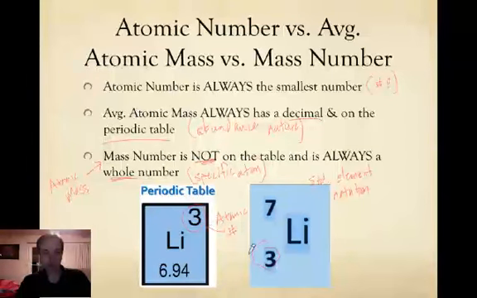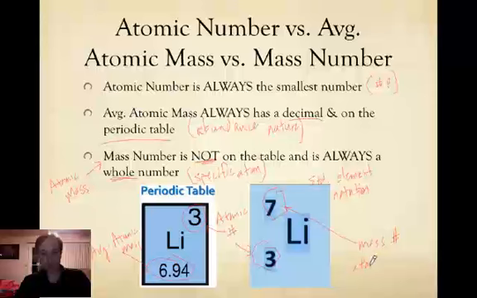Right there and right there. This guy has a decimal, so that means this is the average atomic mass. And this guy is a whole number and it's the biggest one of the 2. That means that this is the mass number, also known as the atomic mass. No average here. It's not a decimal.